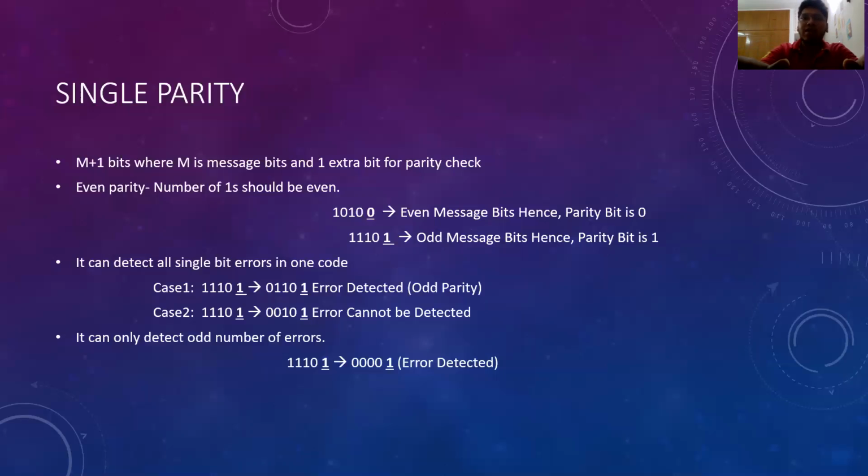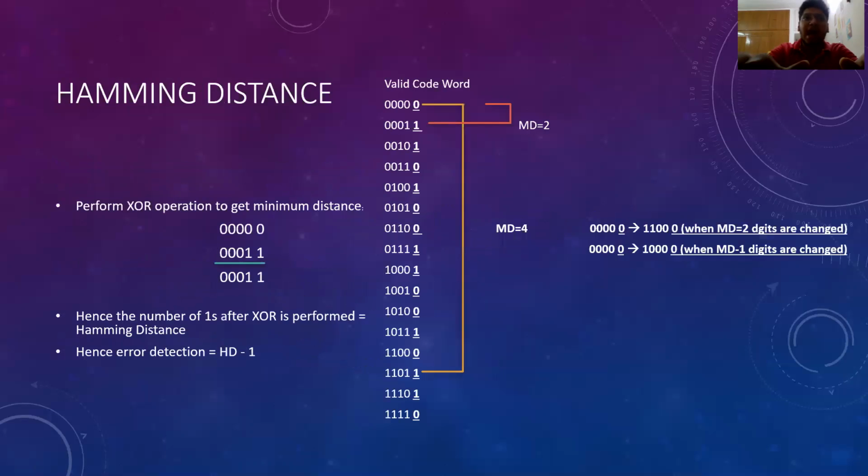Another thing we are looking into is the Hamming distance. So what is Hamming distance? I'll explain it in a while. Suppose this is the message. All these messages come along with a parity check bit. So 0000 and 0 is added because it is already an even parity. 0001 is an odd parity, so 1 is added to make it even.